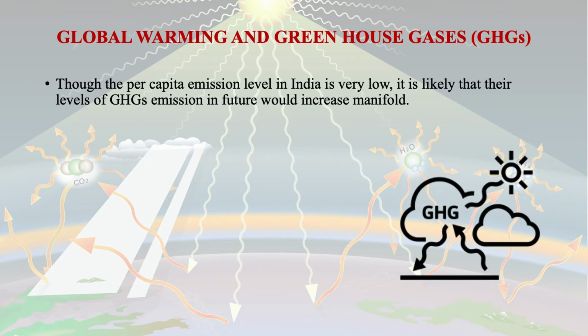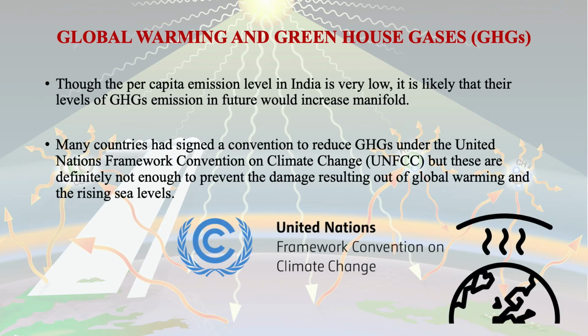Though the per capita emission level in India is very low, it is likely that its levels of greenhouse gas emission in future would increase manyfold. Many countries have signed a convention to reduce greenhouse gas emissions under the United Nations Framework Convention on Climate Change, but these are definitely not enough to prevent the damage resulting from global warming and the rising sea levels.